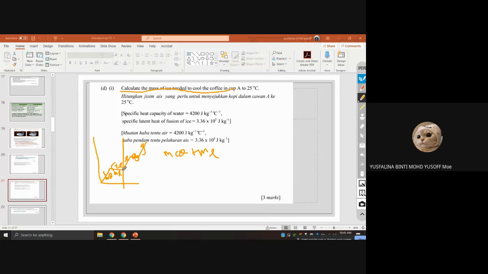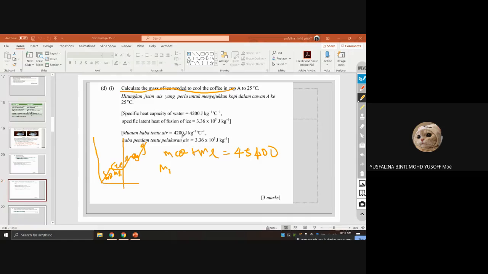So mc theta plus ml equals the value we already answered, 45,400. For mc theta, I put mi, the mass of ice.